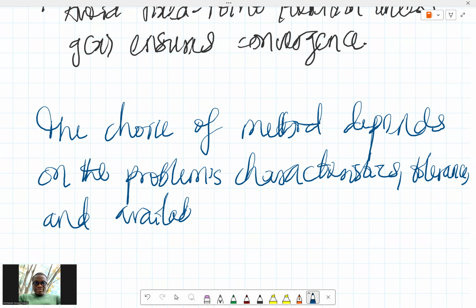Okay. So you may have a situation where you are constrained to use a particular method. So if you are constrained to use fixed point iteration, don't go and use Newton-Raphson because you are going to lose some points. So that brings us to the end of this subsection of numerical analysis, where we have been looking for the roots of nonlinear functions.